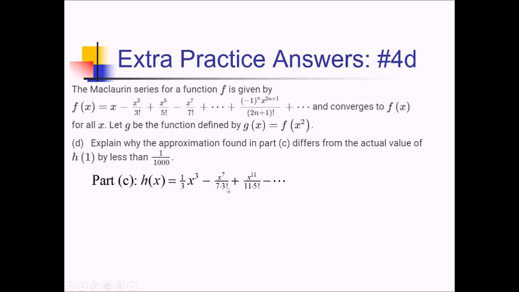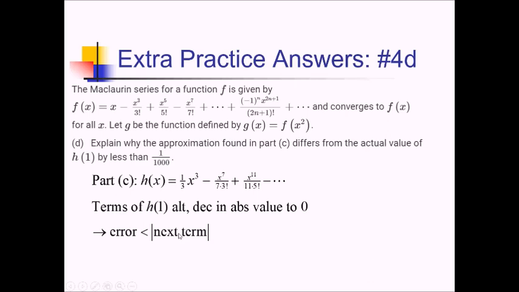Your denominator keeps growing. So since the terms of h of 1 are alternating and decreasing in absolute value to 0, this tells us by the alternating series error bound that the error, which is what they're talking about here, this difference between the actual value of h of 1 and the approximation, is going to be less than the absolute value of the next term.